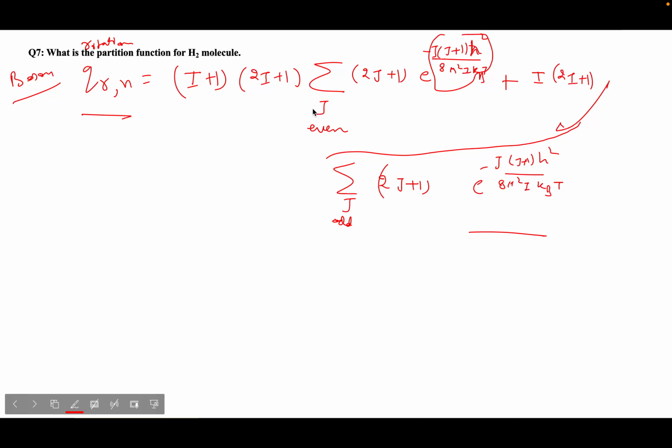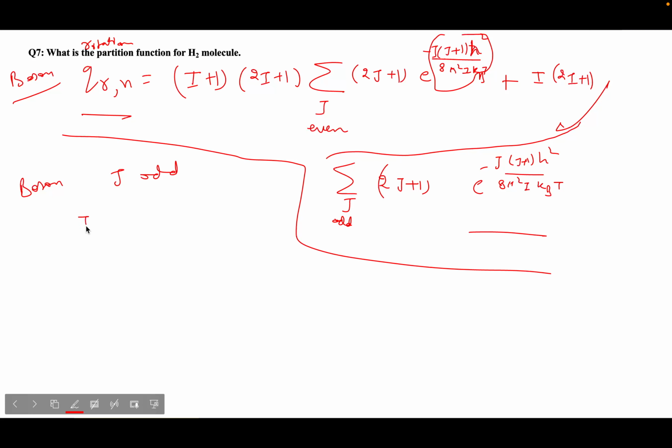And generally we can calculate it like this. For boson, if j is odd, this is I into 2I plus 1, integral values, and for j even, this will give I plus 1 into 2I plus 1.